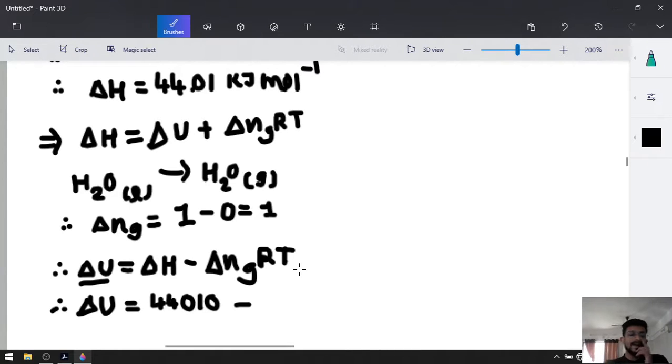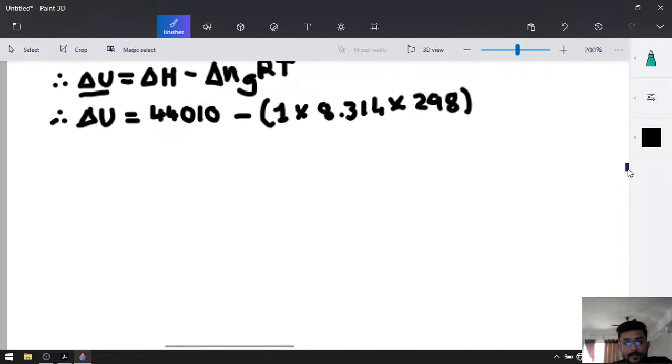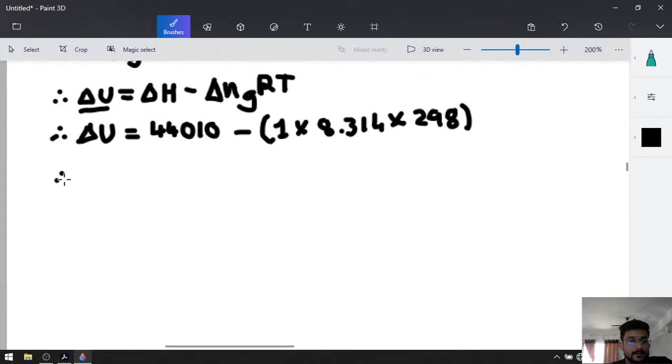Now this value is in joule. At the last we are going to convert it into kilojoule again. Now delta Ng equals 1. The value of R is 8.314 into the value of the temperature. They have given us temperature 298 Kelvin. Now calculate this.